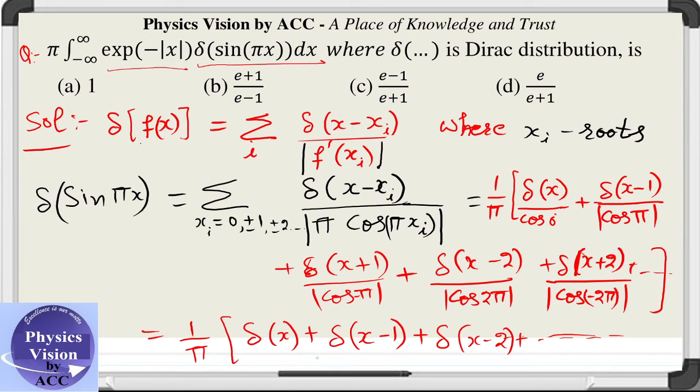Now we will substitute it into this equation and make use of one formula.